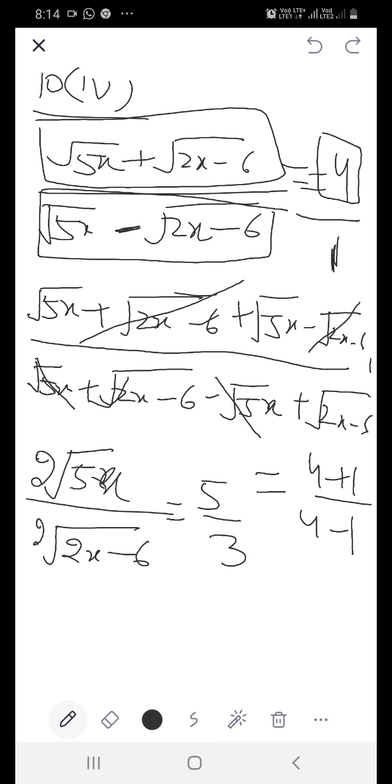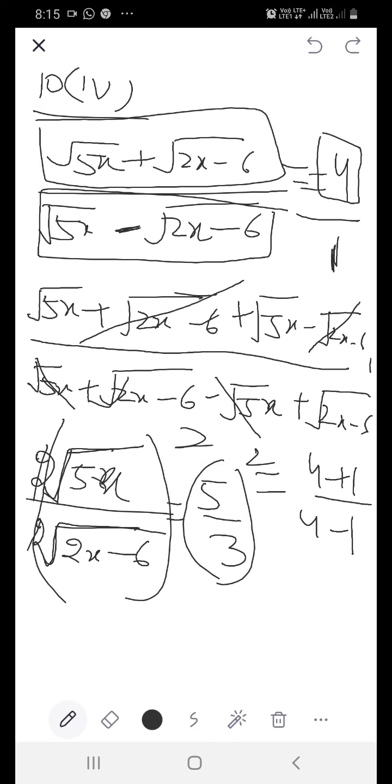Now this 2 also cancels out. What you have to find? You have to find the value of x. And you know x is under the root. So in order to remove the root, we have to take squaring on both sides.